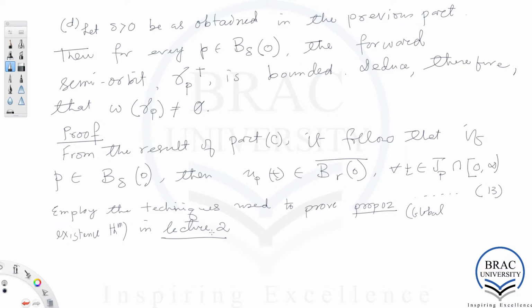Let us first assume that the maximal interval of existence is the interval a comma b, with b being strictly positive and finite.